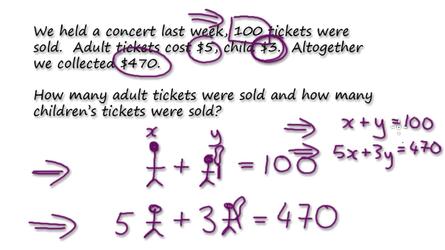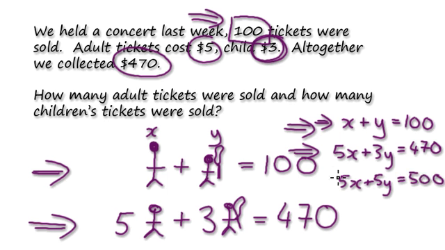Okay. So now just eliminate one. Let's times everything by 5 here. So we will have 5x plus 5y equals 500.